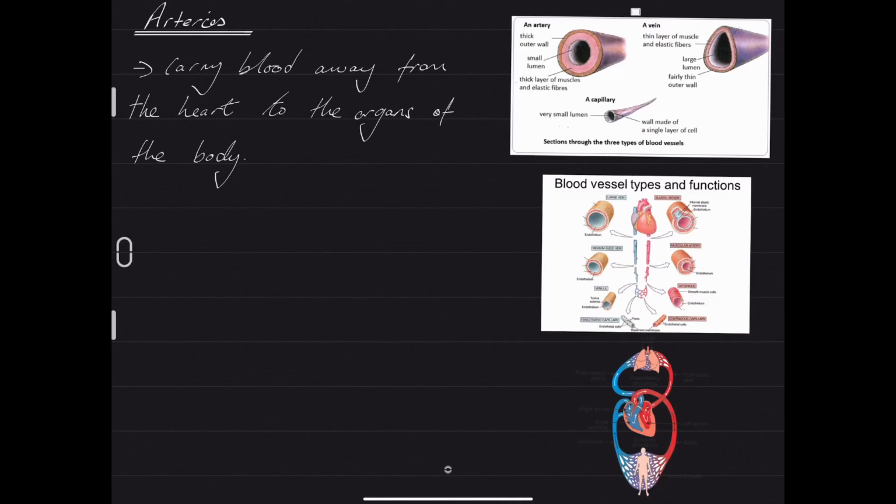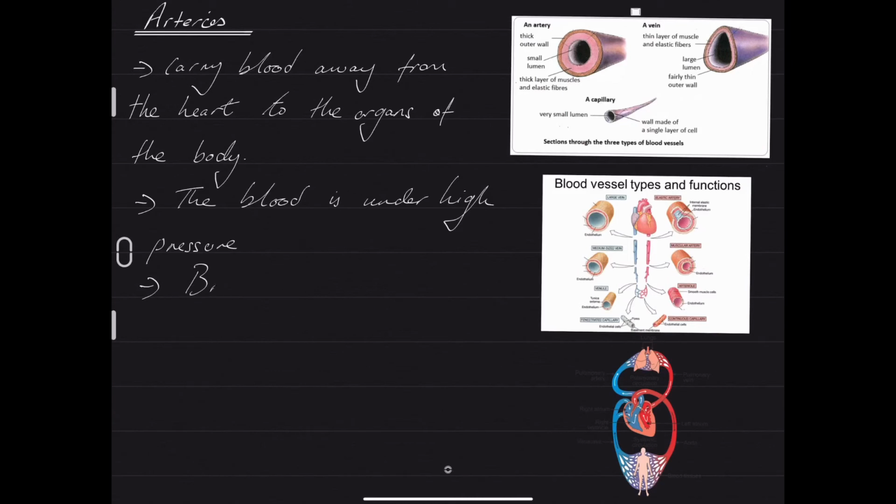Now, the blood is under high pressure in arteries, and is bright red in color because it is oxygenated. So the blood is under high pressure.